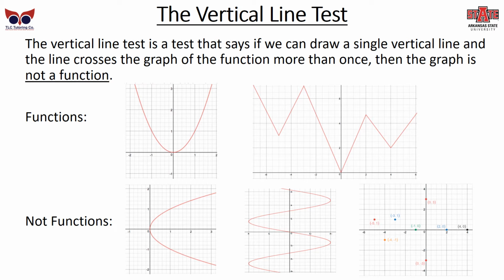Those are both functions because every vertical line I draw, I'm only going to hit the graph once. Now these lower ones, I have a horizontal parabola, I have a pivoted sine wave, and then I just have a scatter plot. But in each of these, it is possible to draw at least one, if not several, vertical lines that strike the graph more than once. Therefore, they're not functions.